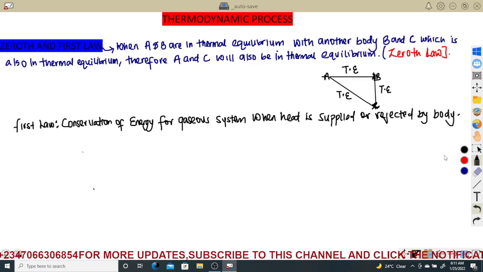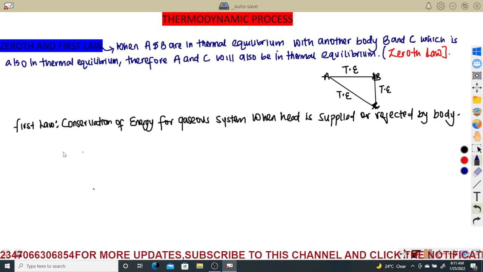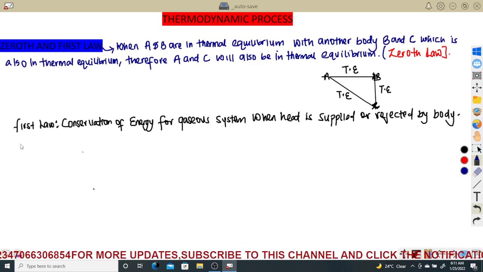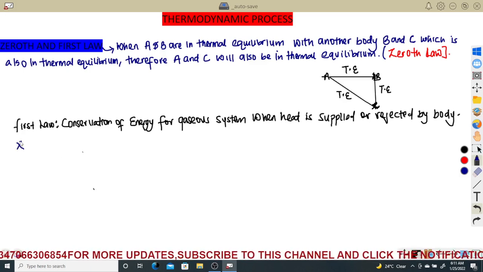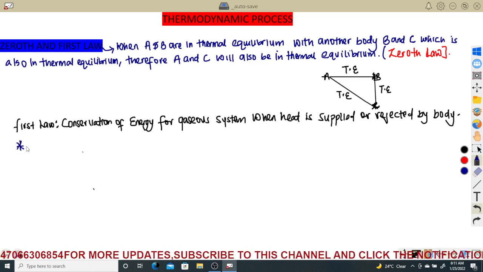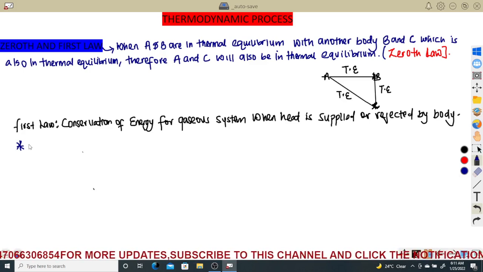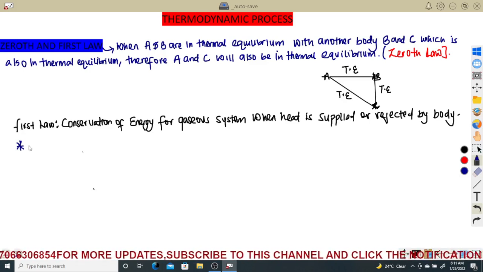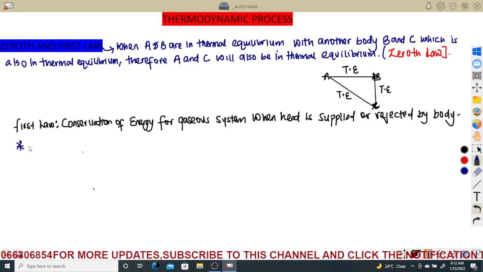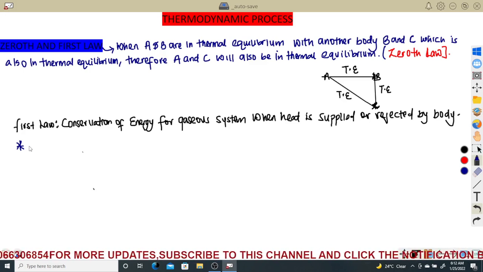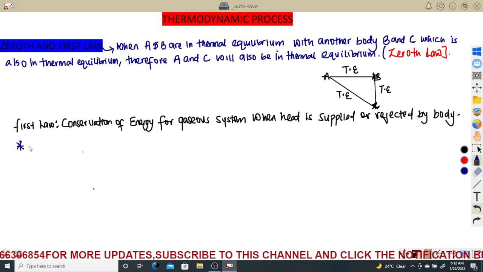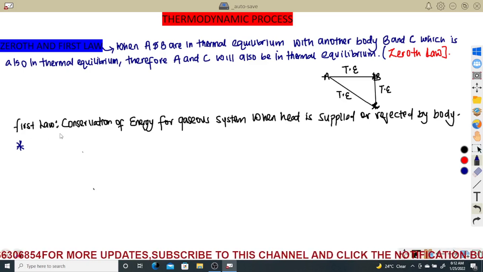So when we analyze the first law of thermodynamics, we consider three parameters. If you are stating the law, energy can neither be created nor destroyed is acceptable, but it can be transformed from one point to another. When it is supplied to a body, we consider three parameters.